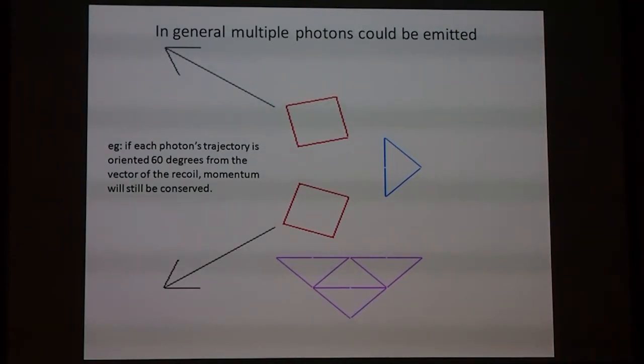So we can still conserve momentum by creating multiple photons if we have them emitted at a specific angle. So in this case, we just say if it's 60 degrees, the cosine into the horizontal direction is 1/2. So we have still a cancellation of momentum, as well as then continued oscillation. So I've drawn these as red, but these should be the opposite polarization since we're traveling down.